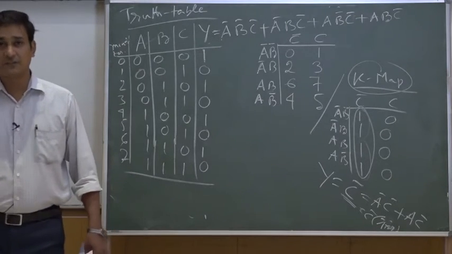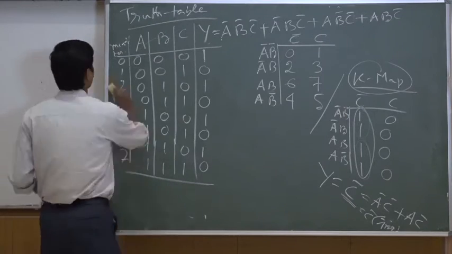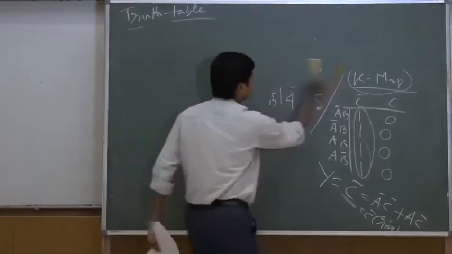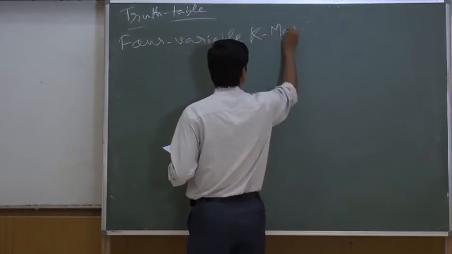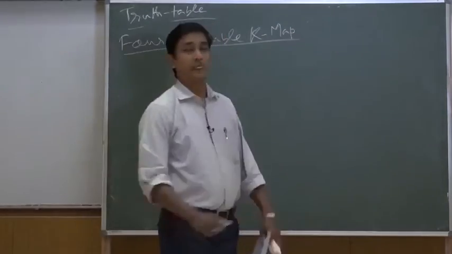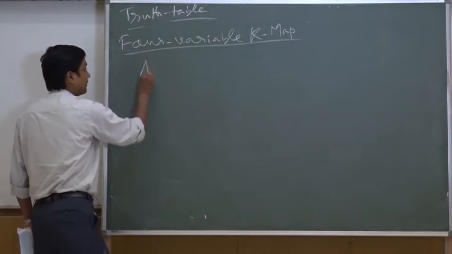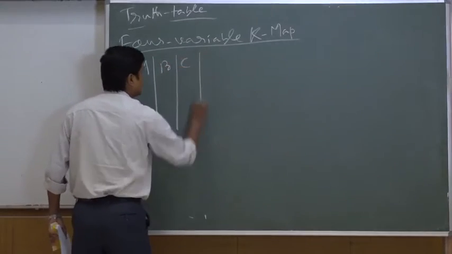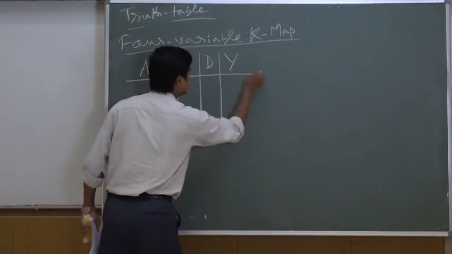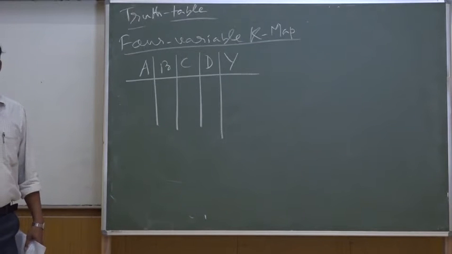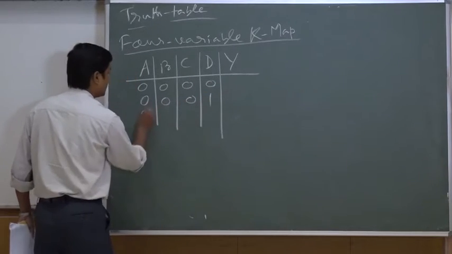Okay. Let us proceed to the 4 variable Karnaugh map. Here I am saying it is a 4 variable Karnaugh map. That means I am basically talking about 4 variables with some output Y. If I ask you to complete the combinations, I think you will complete them like this.